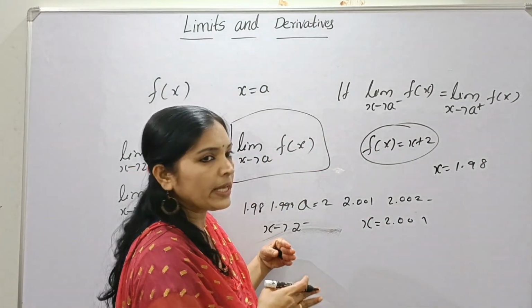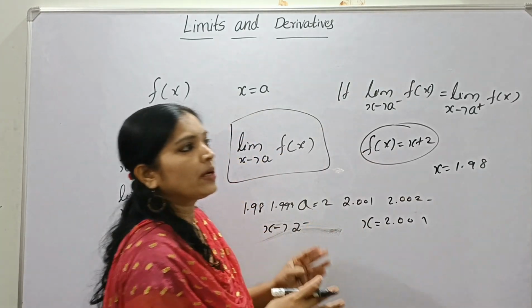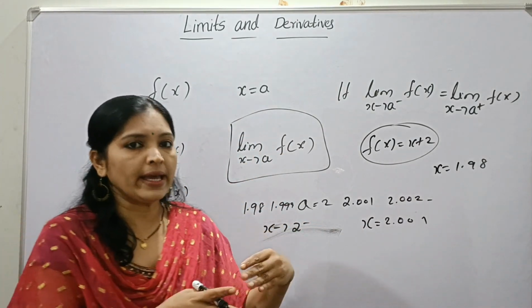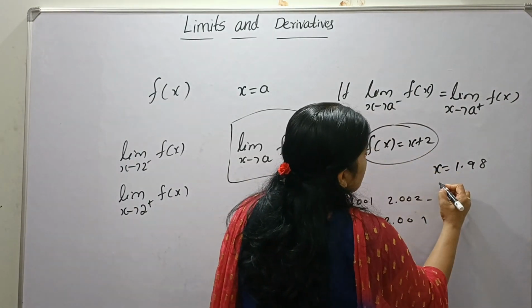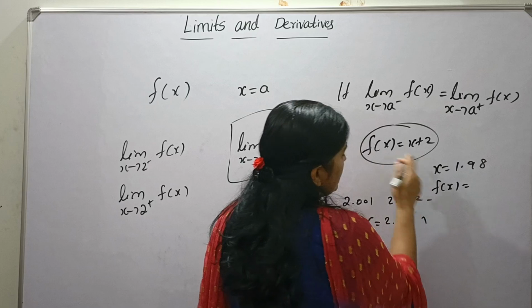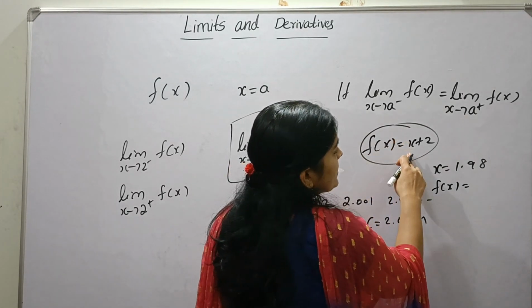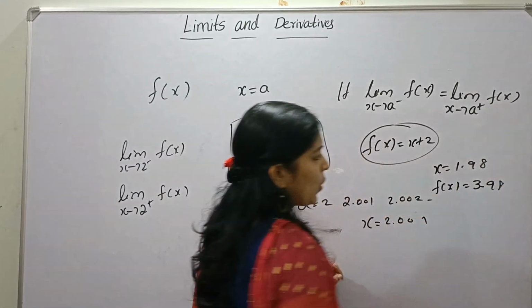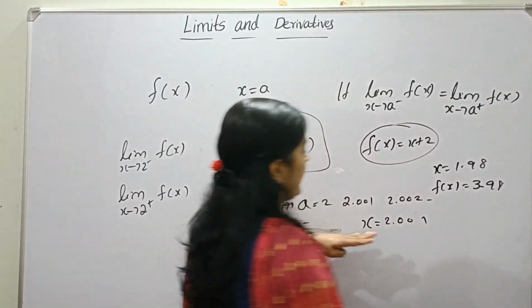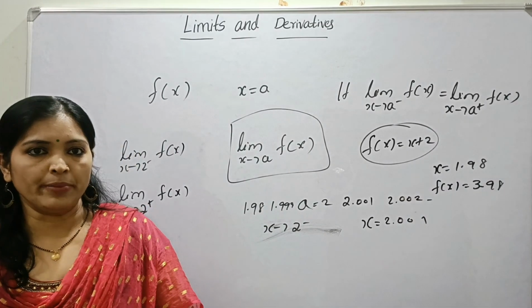First we are taking the left hand limit, meaning x is approaching from less than a, the left side. What is the value of f of x? Here x is 1.98, so add 1.98 plus 2, that is 3.98. Next, let us take the right limit.